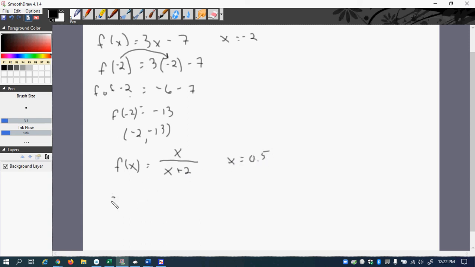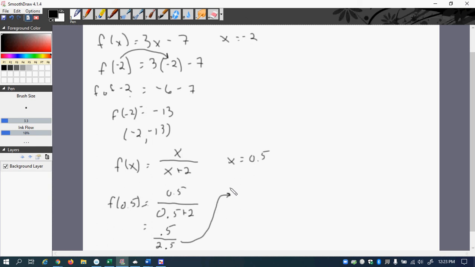So we put that in, so that's f of 0.5, and that's 0.5 divided by 0.5 plus 2. So now we go to adding the 0.5 and the plus 2, so we have 0.5 divided by 2.5.